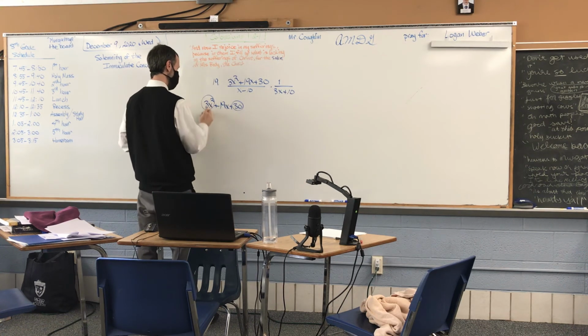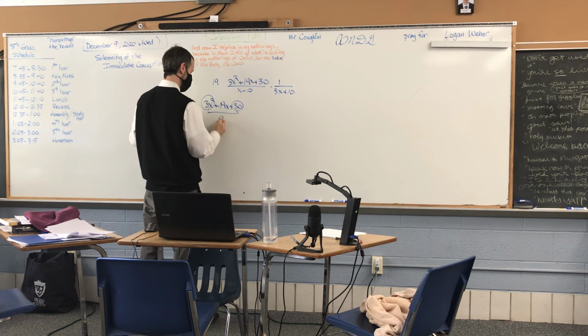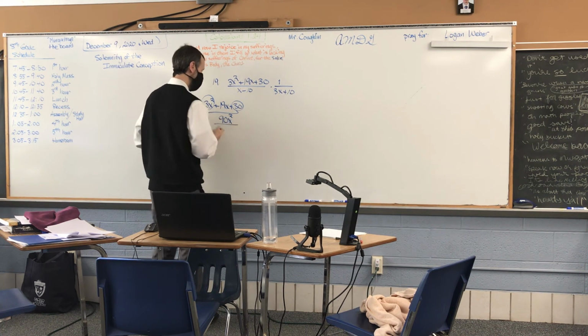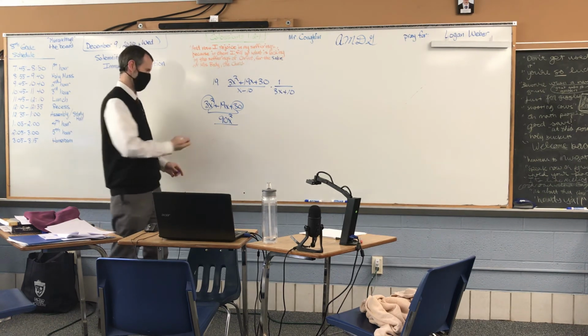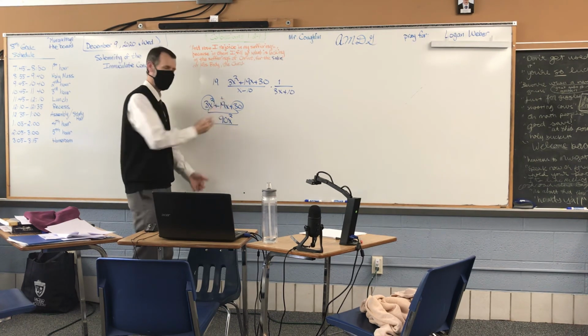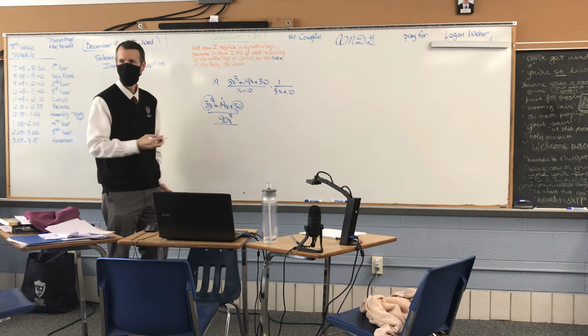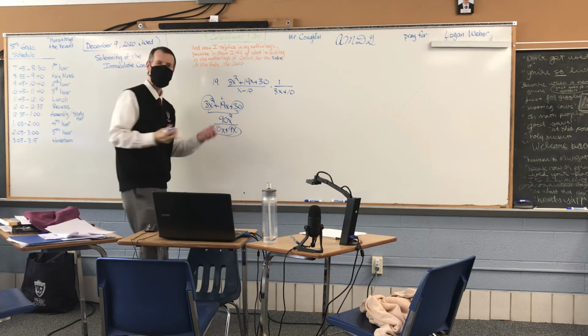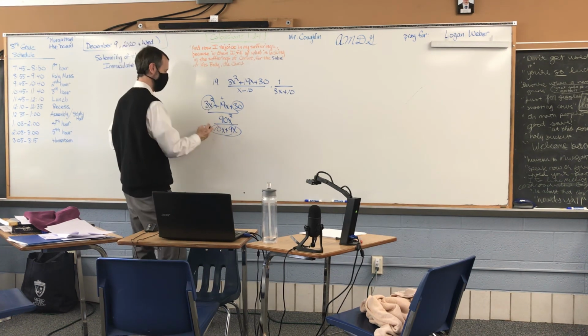This actually comes out rather nicely. 90x squared. Can anybody think off the top of their head of two things that multiply to that but add up to 19? Yeah, 10x, 9x. That's your magic pair. If you find the magic pair right away, you don't have to list the whole thing.